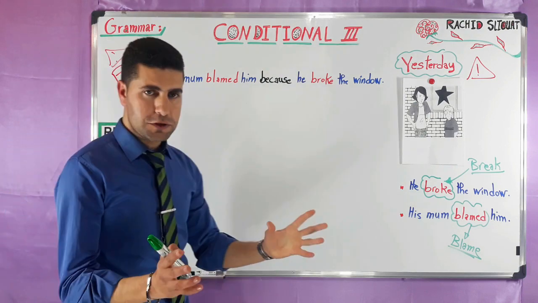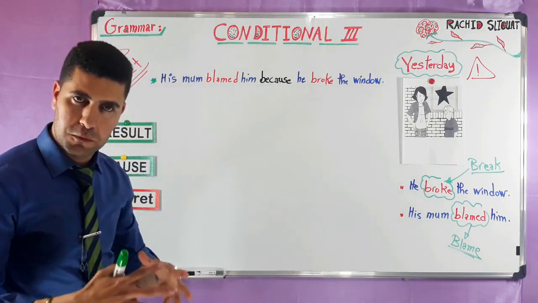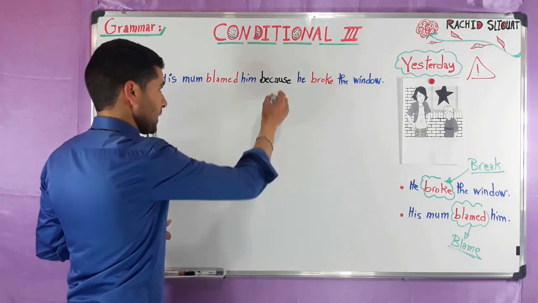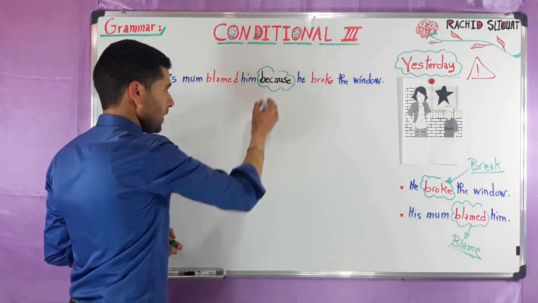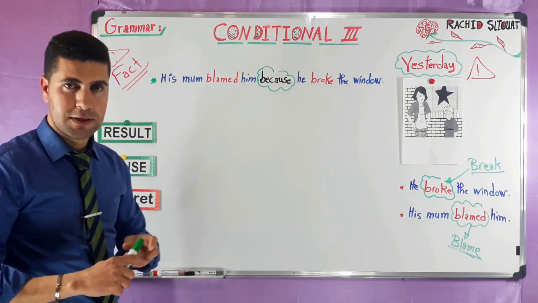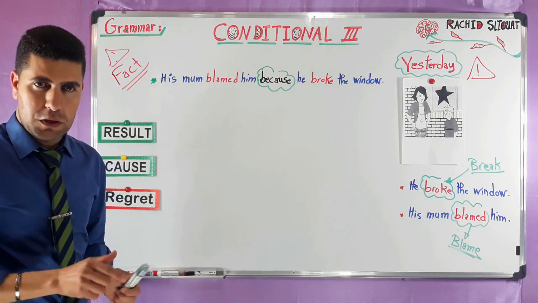Here, what did we do? We linked these two sentences or two actions with because, since here we have cause and result. Which one is the cause and which one is the result?